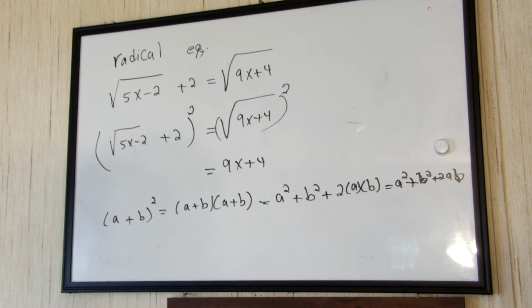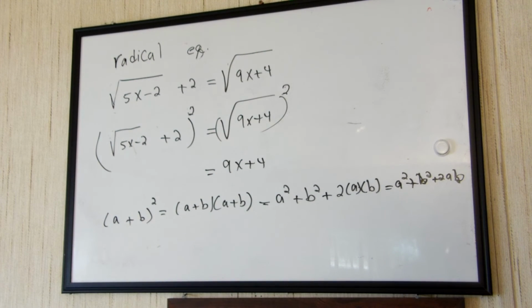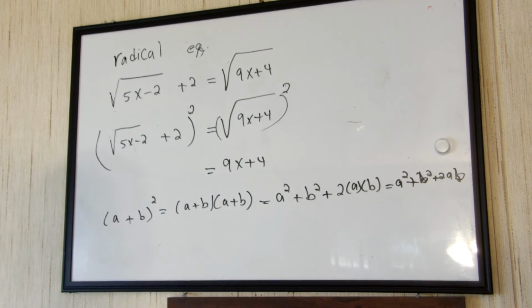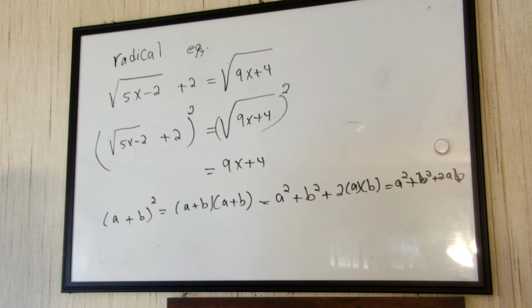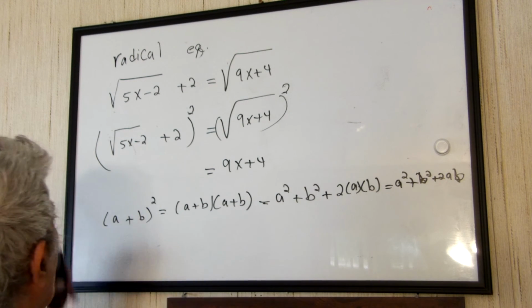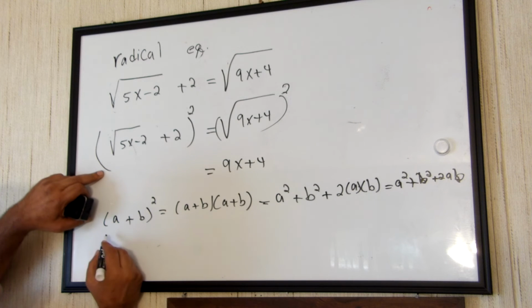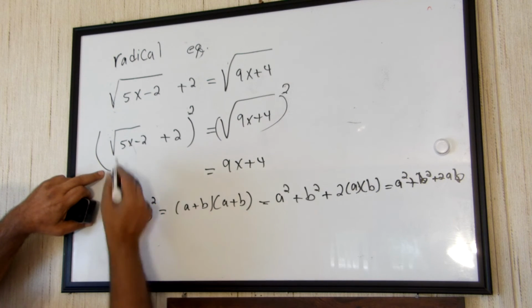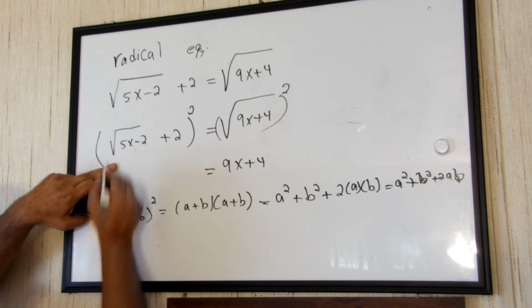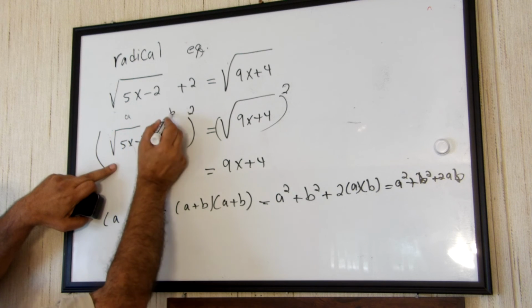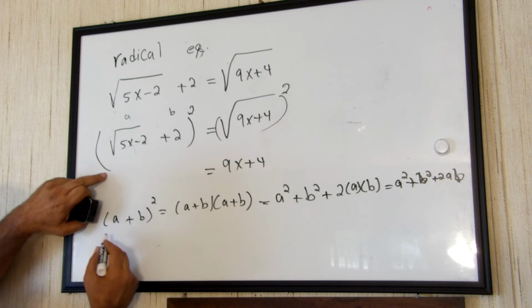So let's do it. This one to the power of 2 is going to be the first one, a to the power of 2. This is a and this is b, a plus b to the power of 2.